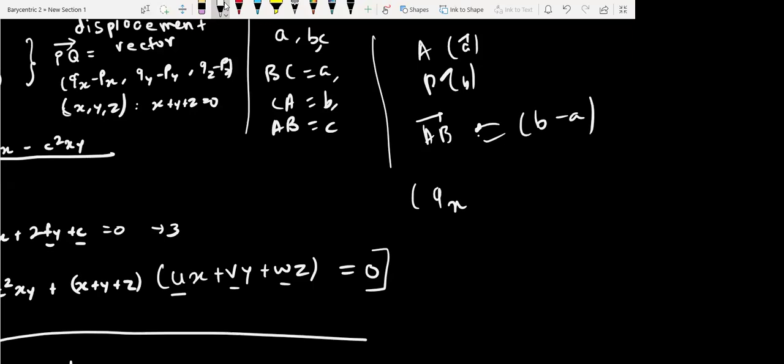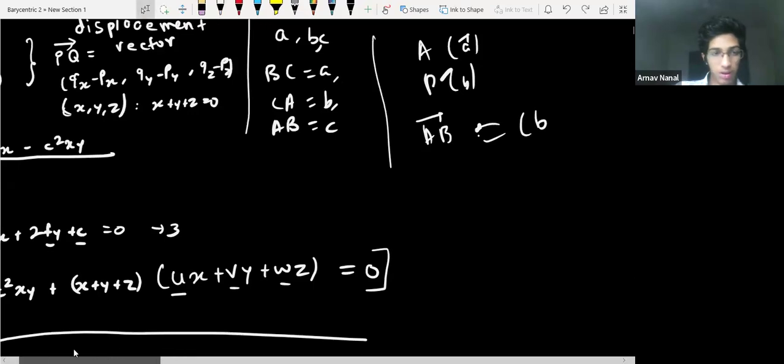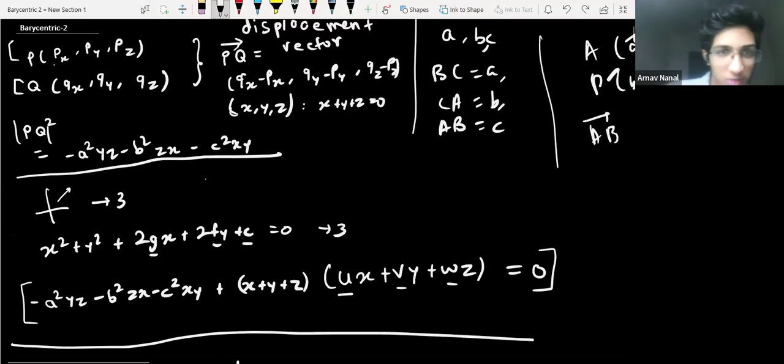And then the PQ, what do you call that again? PQ squared, I forgot. Okay, yeah, this formula. I think it's just vector bash or something.